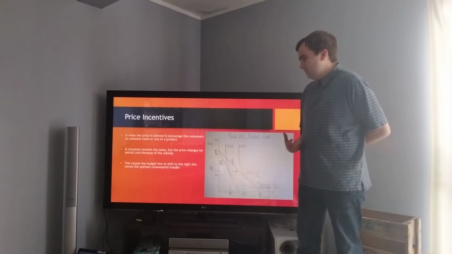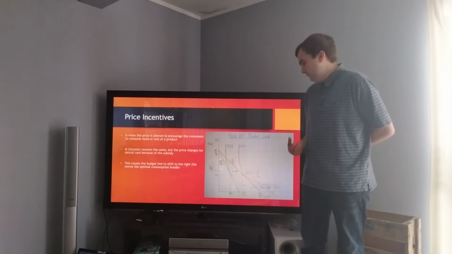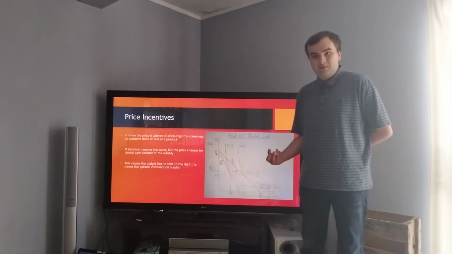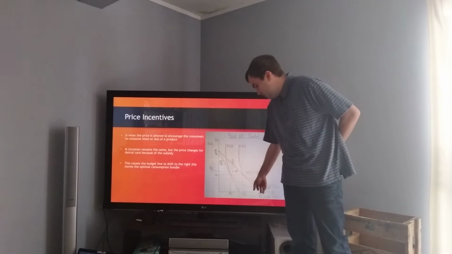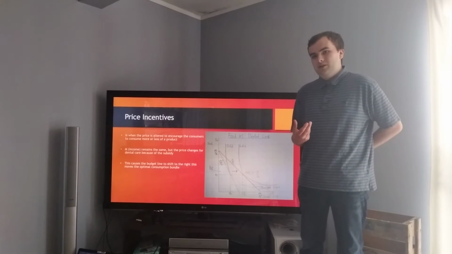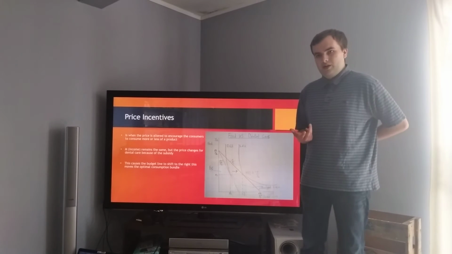So when constructing this model, it is important to realize how the subsidy has affected it. If this budget line here represents pre-subsidy, you can see that the demand for dental care is massively reduced as it is the income divided by the price of the good.